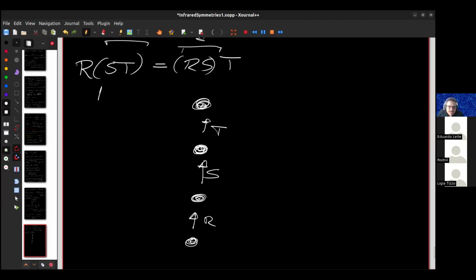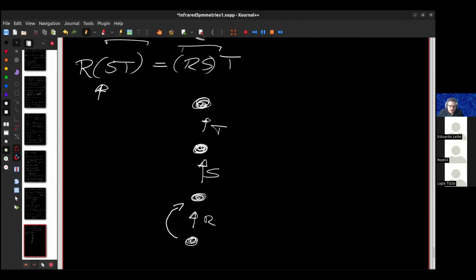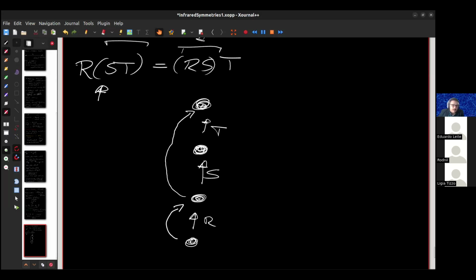What this guy here is telling us is that we do this transformation here. Let me add some color to it to make it easier to see.